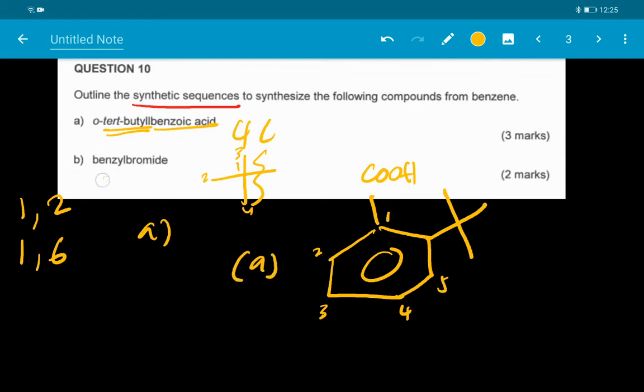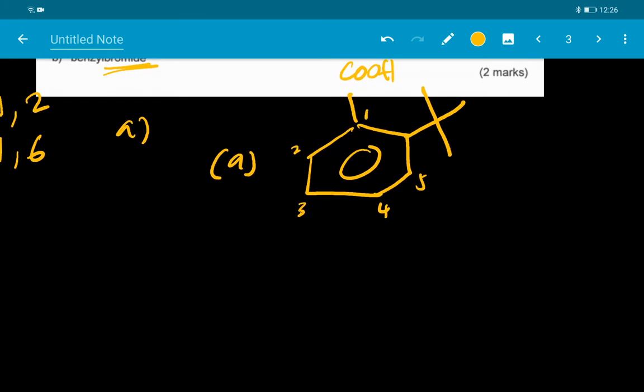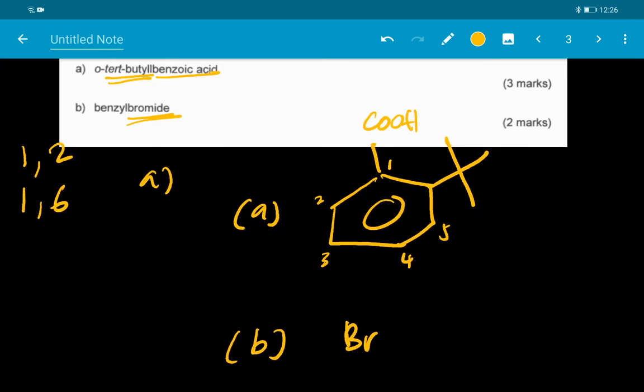What about B? Benzyl bromide. Okay, this is quite special. If we draw the bromide first, it will be represented by Br. Now, how do we draw the benzene structure?